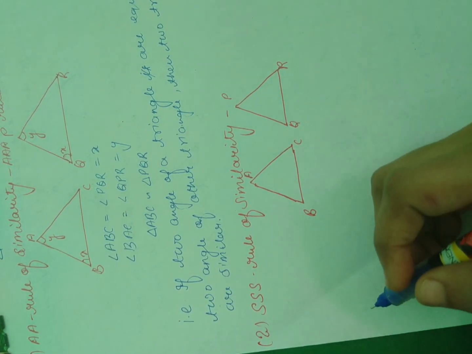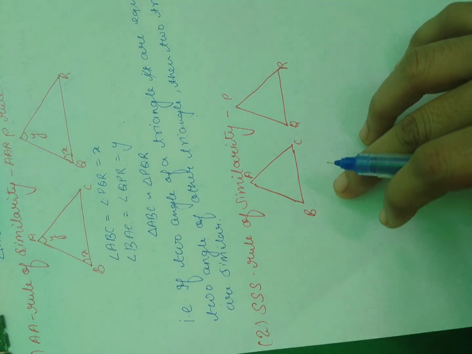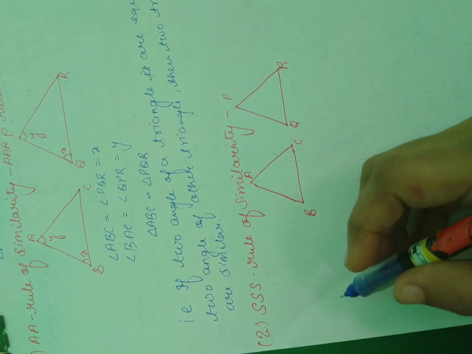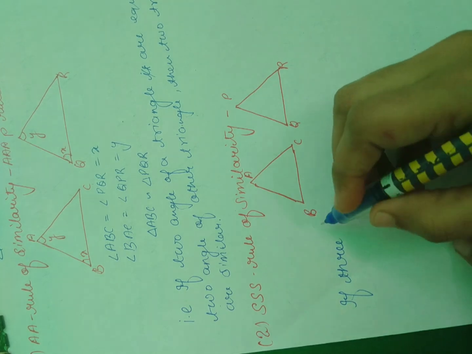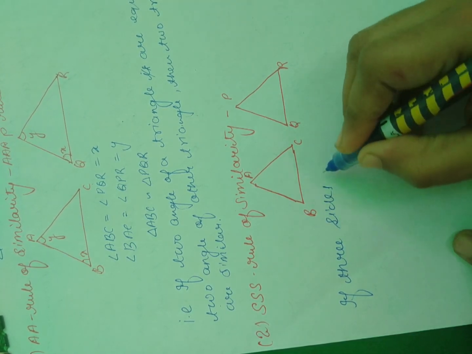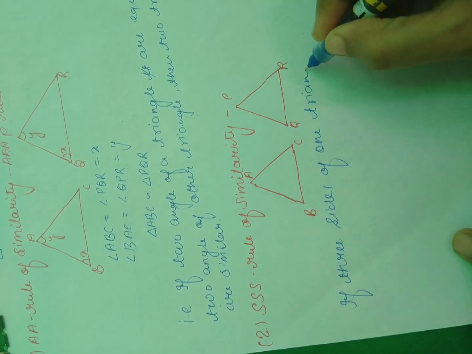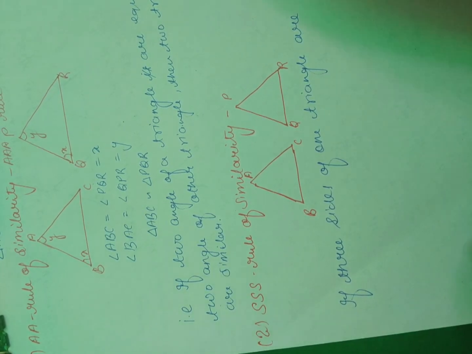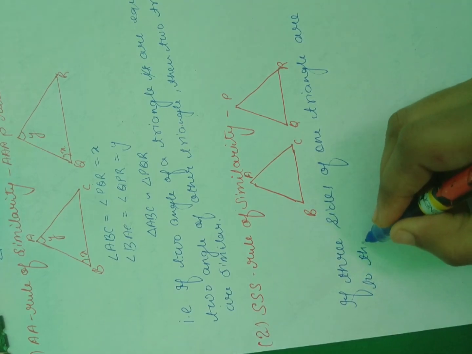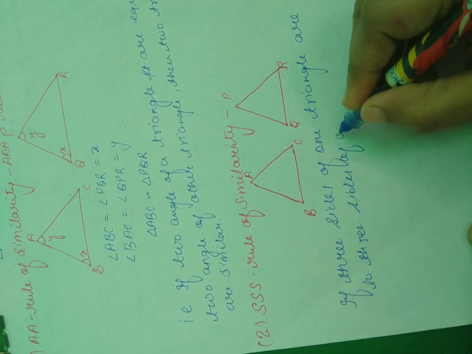In this, if three sides of one triangle are proportional to three sides of another triangle, then the triangles are similar, right?